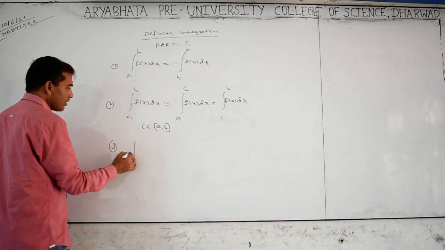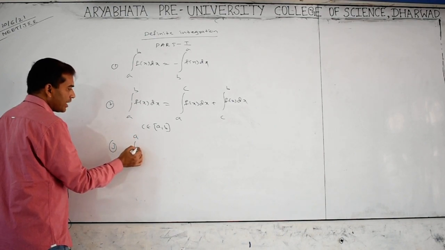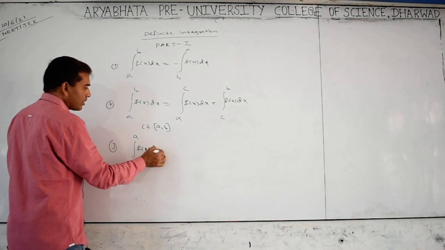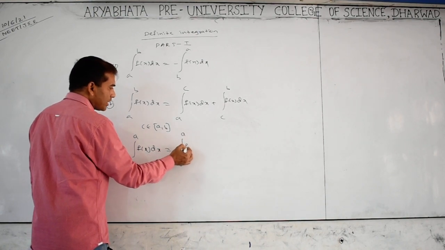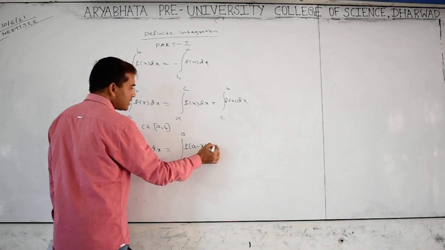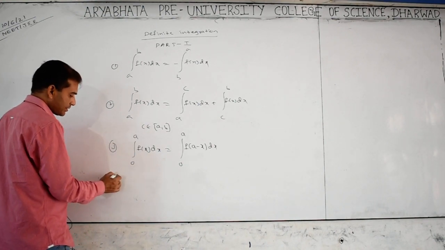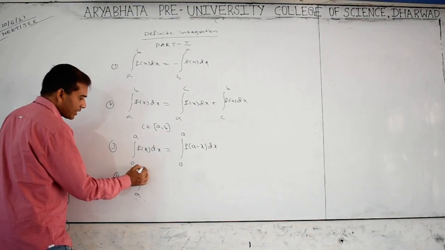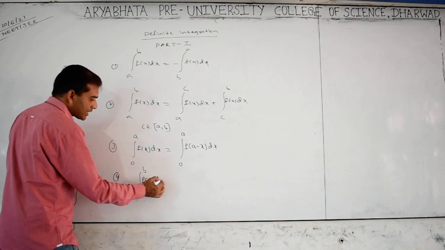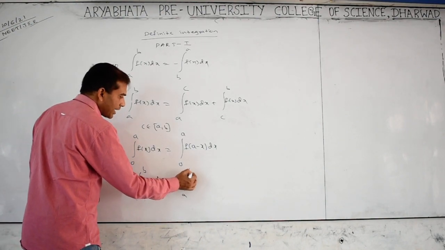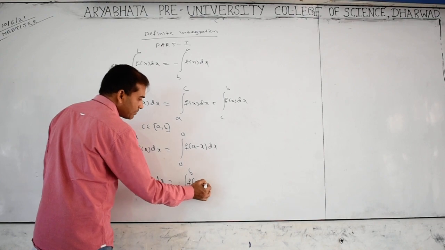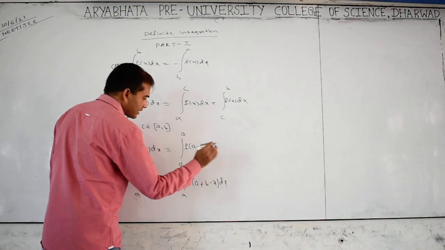Next, integration from 0 to a of f of x dx equals integration from 0 to a of f of a minus x dx. Here x is replaced by the sum of the limits minus x. Integration from a to b of f of x dx equals integration from a to b of f of a plus b minus x dx.